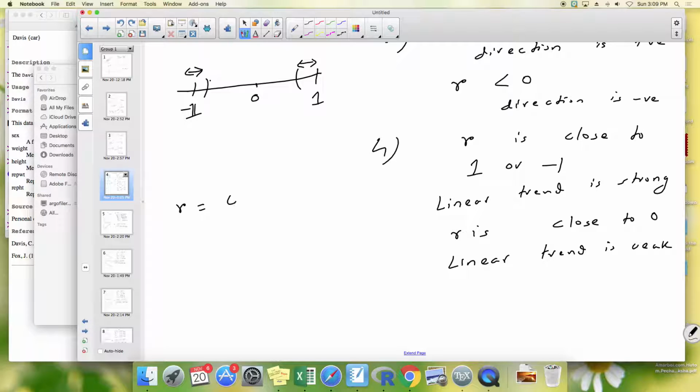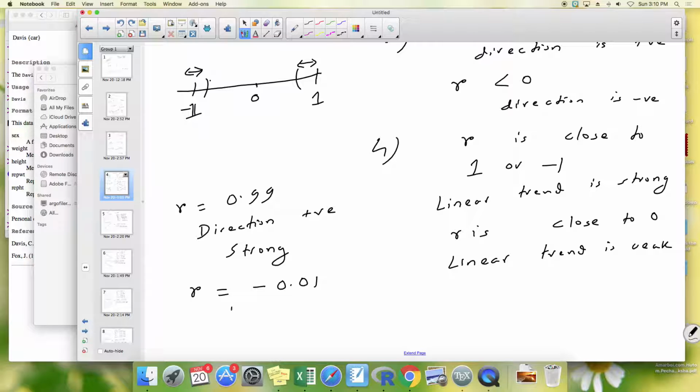Okay, so for example, say r equals 0.99. Then the direction is positive. Why? Because r is positive. And is it strong? Yeah, 0.99 is pretty close to 1, so it's strong. Similarly, suppose r equals -0.01.